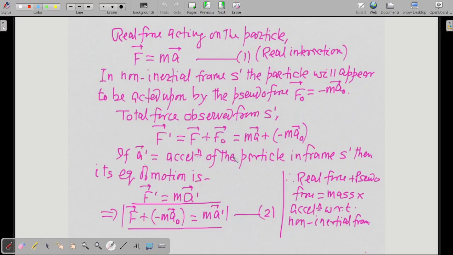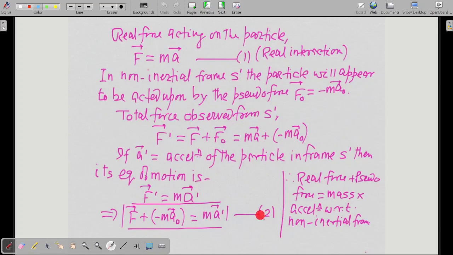Because a prime is the acceleration with respect to that accelerated frame S prime, which is non-inertial. So F prime equal to ma prime, right? So you can replace F prime with ma prime over here, and this F is as it is. We have written it deliberately as it is, and this F naught is replaced by minus ma naught. So we have written over here.